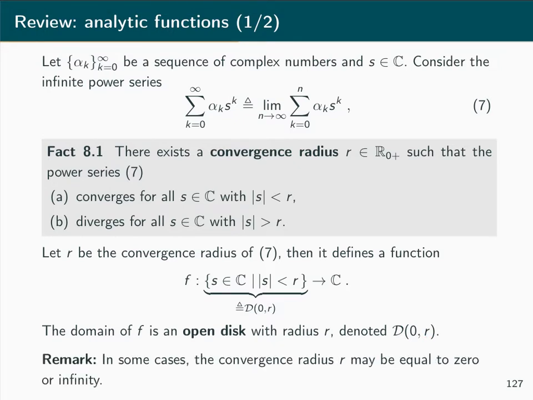Note that the statement of fact 8.1 with the convergence radius r implies the extreme cases where the convergence radius r might be equal to 0, which means that the infinite power series converges for no value of s, and the other extreme case is where r equals infinity, which means that the infinite power series converges for all values of s.